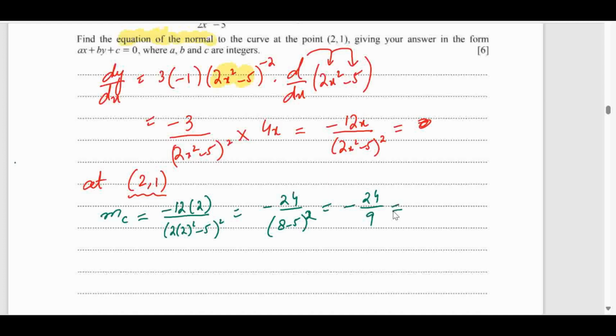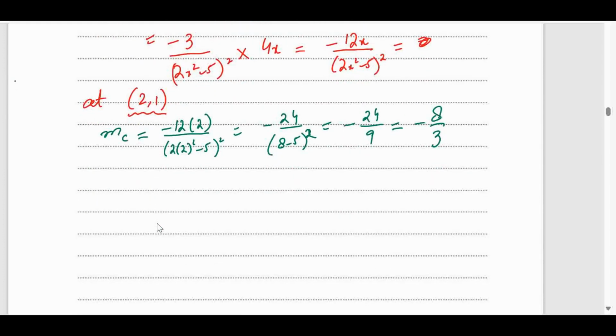So the gradient will be equal to −8/3. This will be the gradient for the curve.